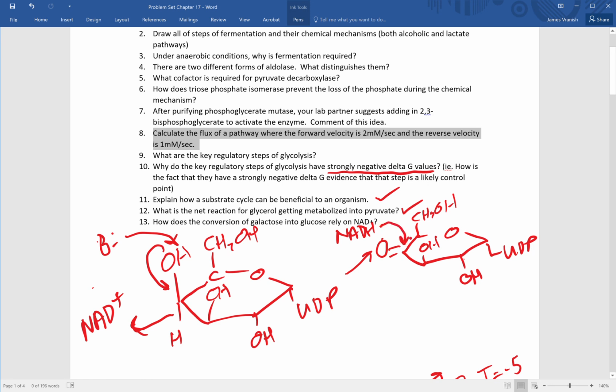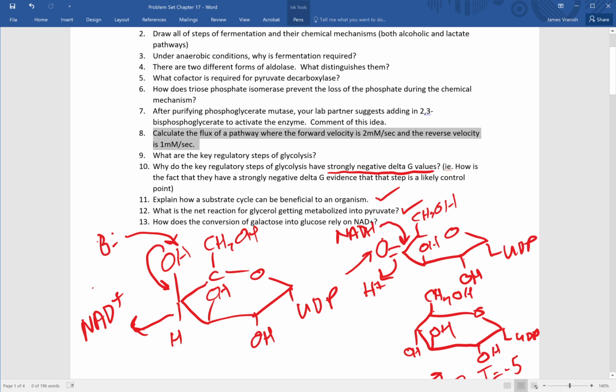That H- can come over here, attack from the other side, protonating the alcohol, and the end result is that we have turned galactose into glucose.